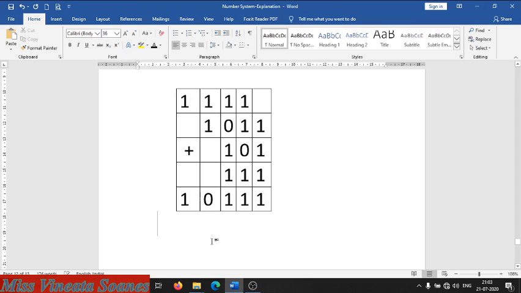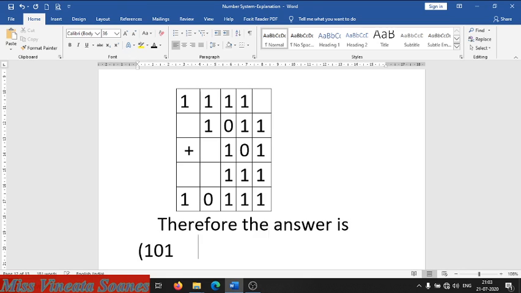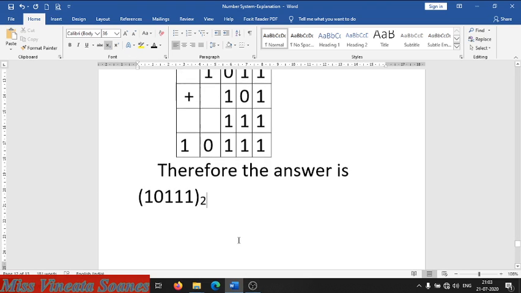And that's your answer. Also, when you write an answer, please write it in a proper way. Therefore the answer is 10111, okay, that's the answer. And do not forget to write the subscript 2, that is binary.